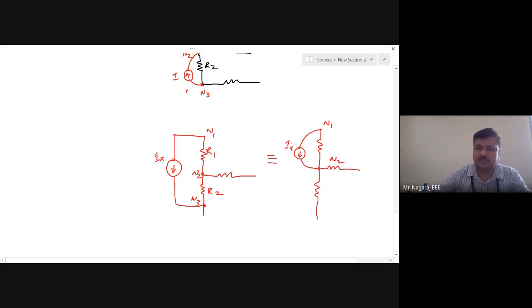Simply just a different name, nothing more than that. It is entering N2 and immediately leaving, and it is coming to N3, IX. So this is all about the source shifting of current source.